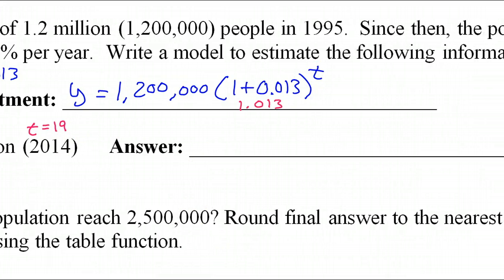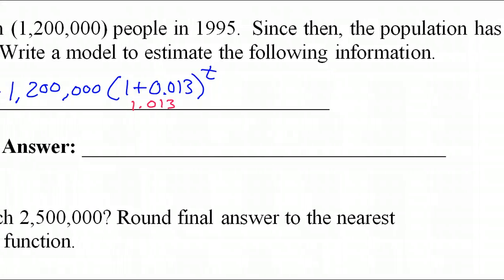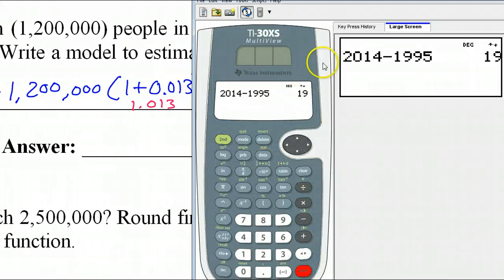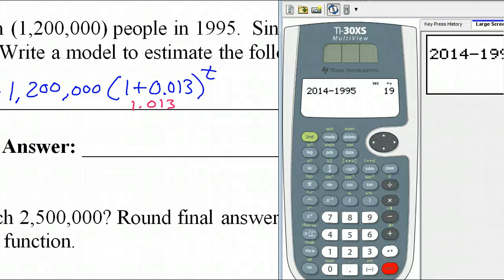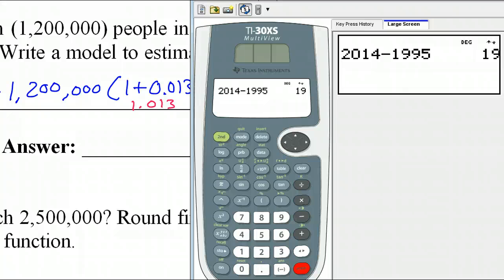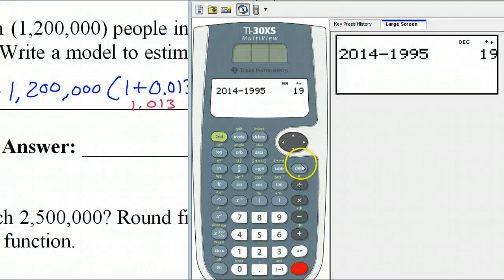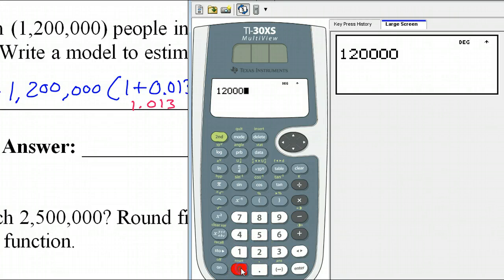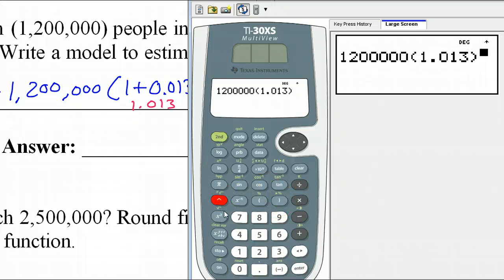To find that answer, we go to the calculator. I've got 1,200,000 times 1.013, to the 19th power.